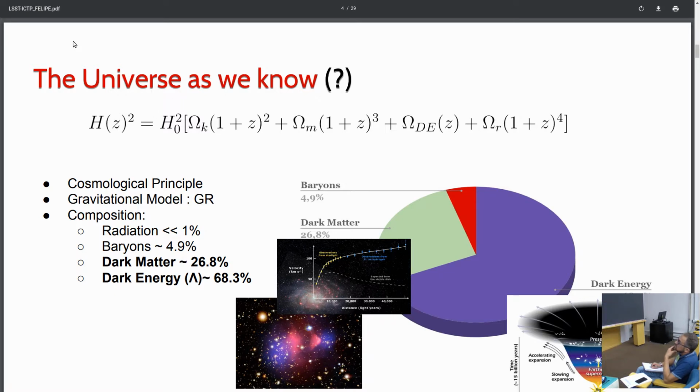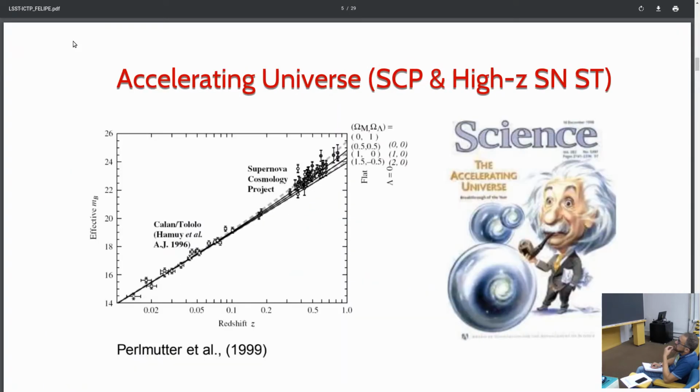On the other hand, we have the dark energy, which the simplest way to explain is the lambda, and I'm pretty sure you all know about this. The dark energy is responsible for a very surprising effect, the acceleration of the universe.